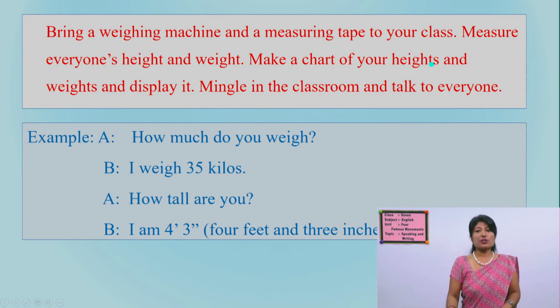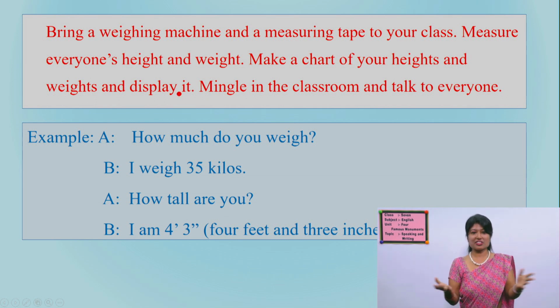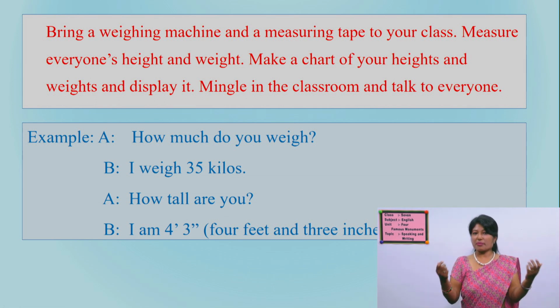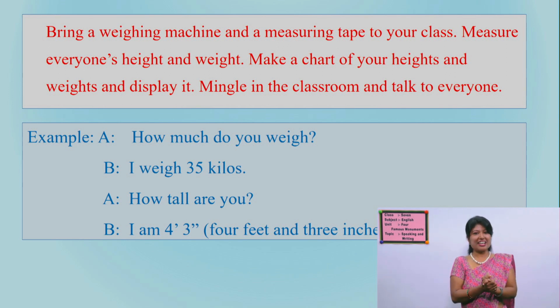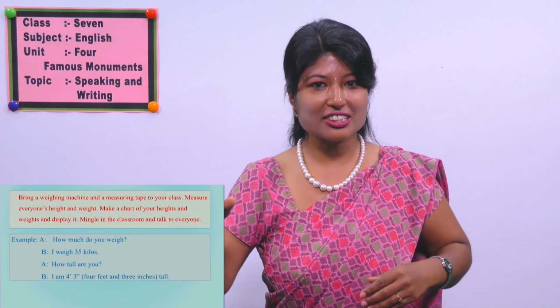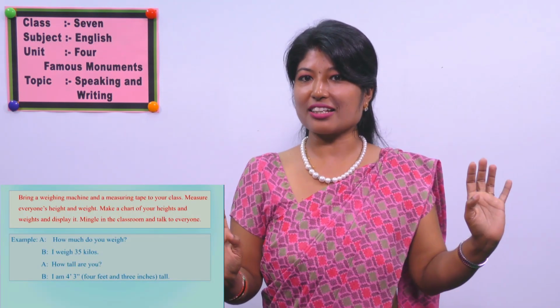Make a chart of your heights and weights and display it. It's a very interesting task. You can compare who is heavier, who is lighter, who is taller, who is shorter. You can measure the height and weight of everyone in the class.